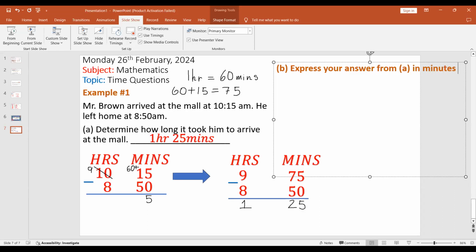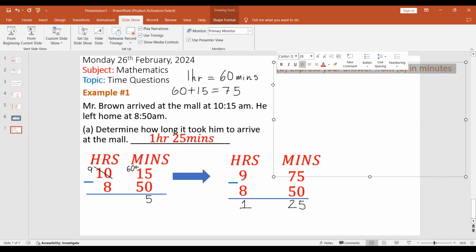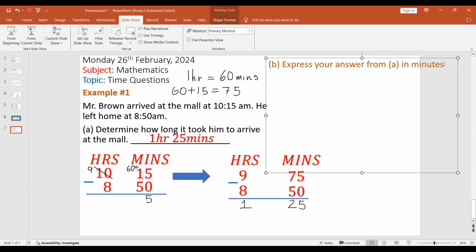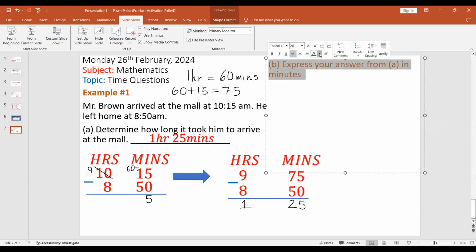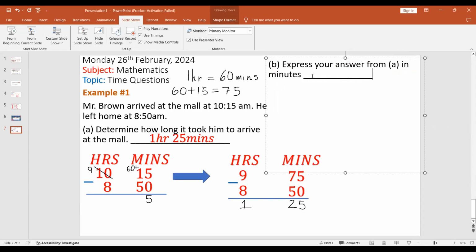And that's very easy. How are we gonna do that? Any ideas from you? Express your answer from A in minutes. What's gonna be our answer? Well, what was our answer from A?